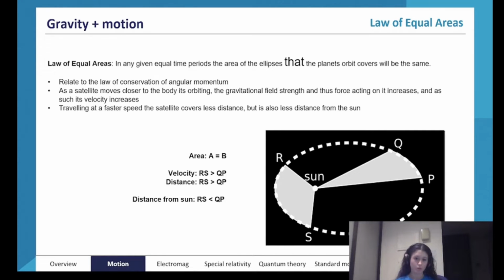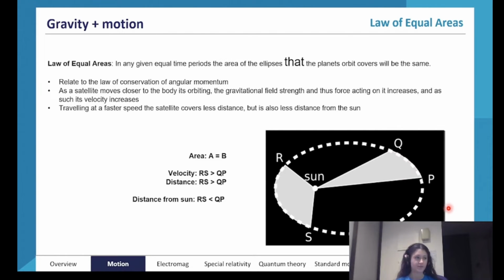So what this tells us is that if these two shaded areas are equal, because there is a greater distance to cover here than over here, but this has to be done in the same amount of time as Q to P, the planet needs to move faster when it's closer to the focal point and move slower when it's further away.